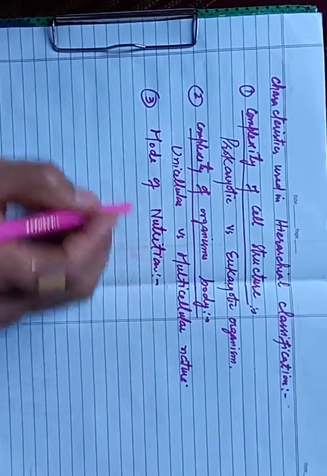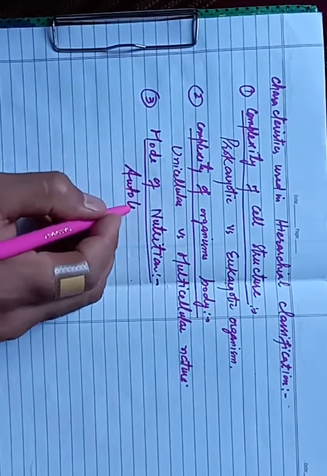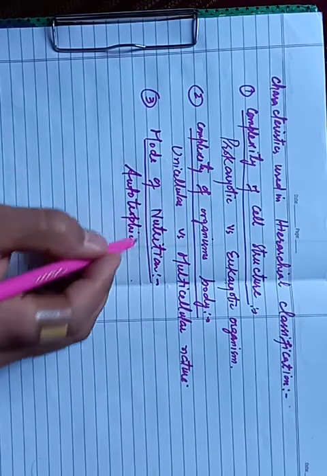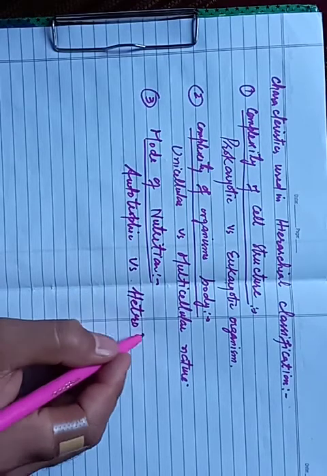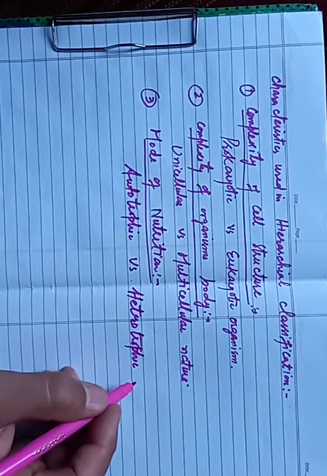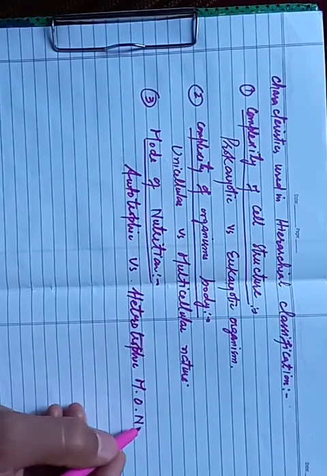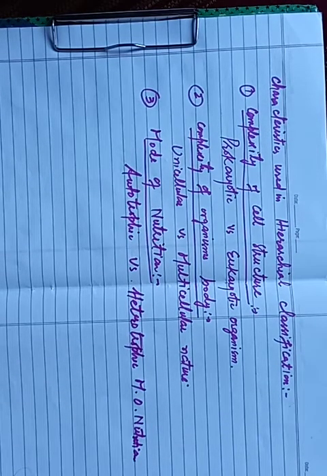Here we consider the autotrophic versus heterotrophic mode of nutrition, whether the organism is obtaining its nutrition autotrophically or heterotrophically, whether it is capable of synthesizing its own food by the process of photosynthesis, that is the autotrophic mode of nutrition, or is it dependent upon other plants and animals for its food requirements, that is the heterotrophic mode of nutrition.